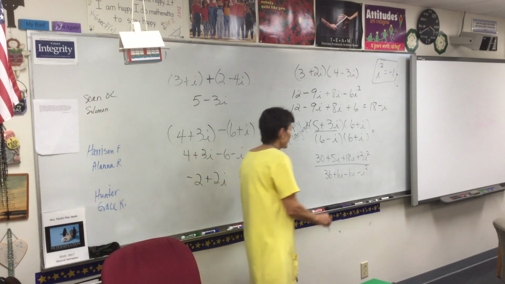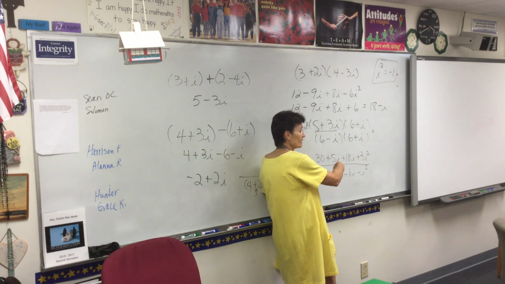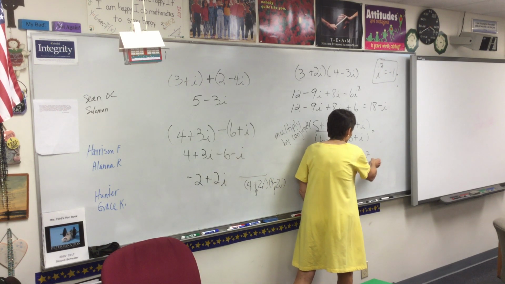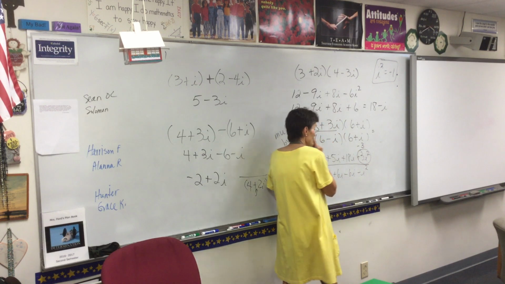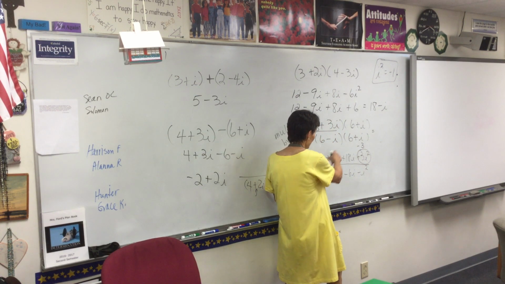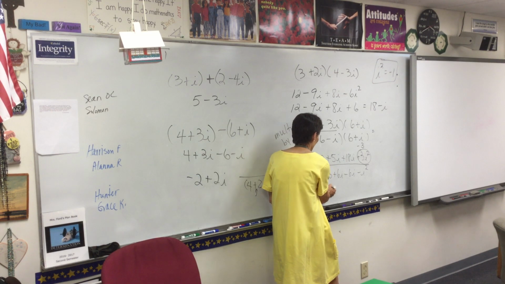What about this guy down here? What's 3i squared? Did I FOIL right? Does that match your foiling? Negative 3. So that will combine with the 30 and leave me with 27.